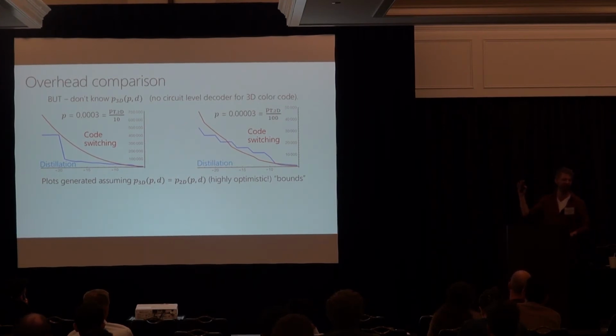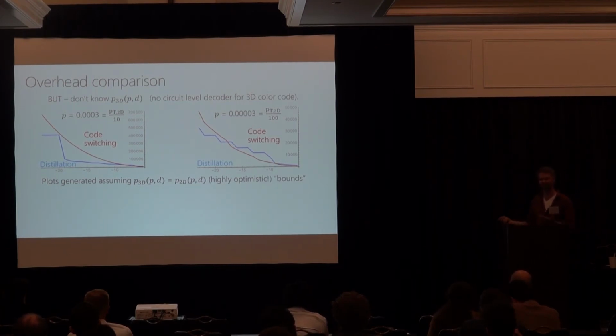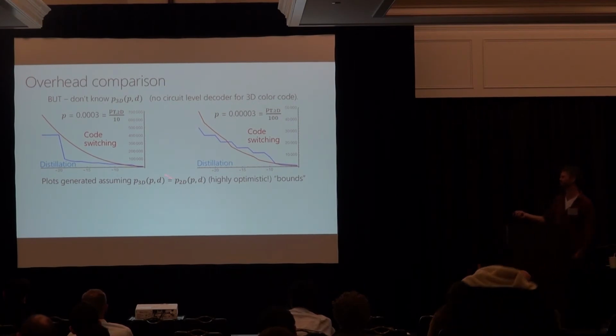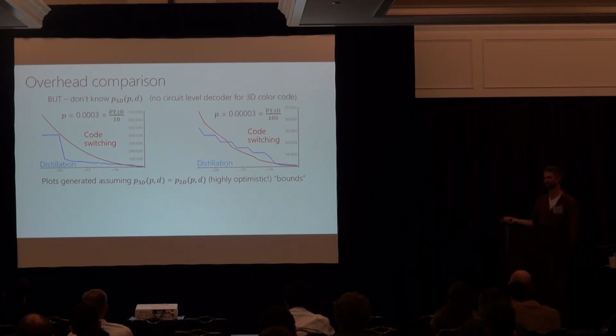There's many more things that can go wrong. The operators are string-like, so they have many more wiggles in 3 dimensions than they do in 2. And the weight of the generator is much higher, so it's very implausible that you would have better performance of 3D than 2D color code. So let's just set the 3D color code to have the same performance as the 2D to get some plots.